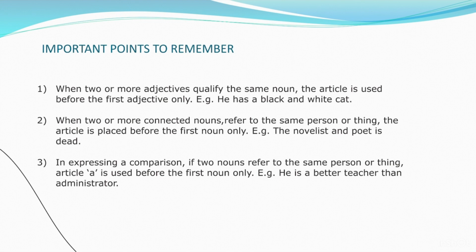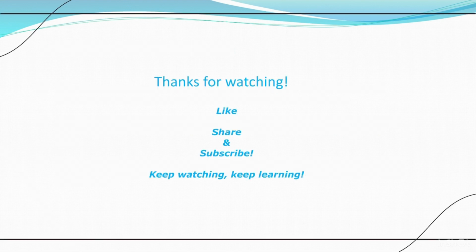So the person plays the roles of both teacher and administrator, but I'm comparing the two roles and saying that he is a better teacher than administrator. So I don't have to use another article before administrator, right? So remember this rule. So I hope now you have mastered the use of articles.